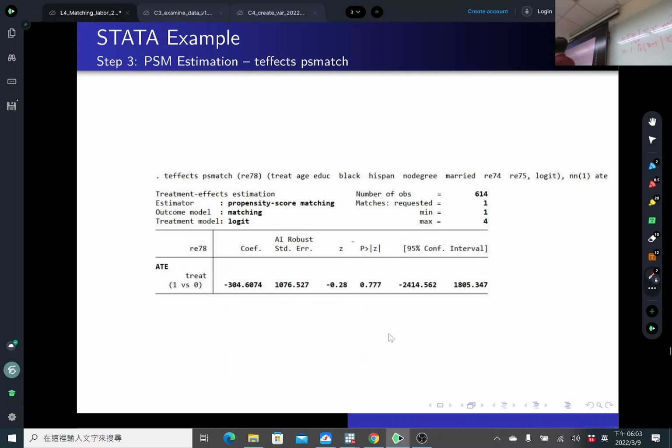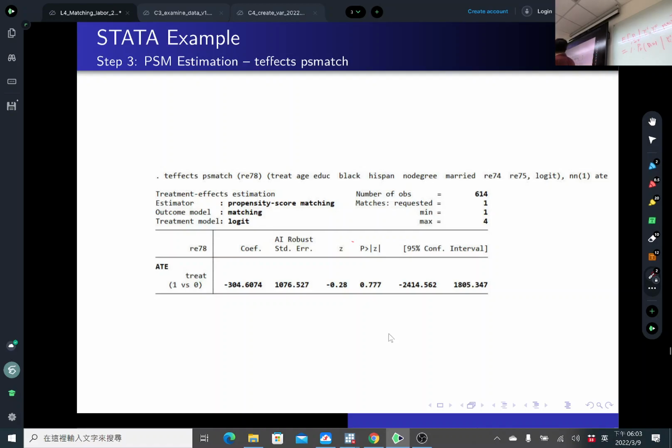The result will give you, for example, you focus on the ATE. This will give you ATE. And basically, they do the same process I just mentioned in the previous slide. They calculate the propensity score first and match the individuals in the treatment group and control group with the same or similar propensity score.